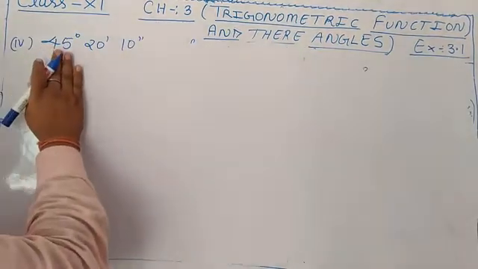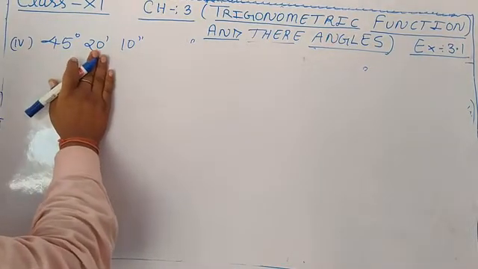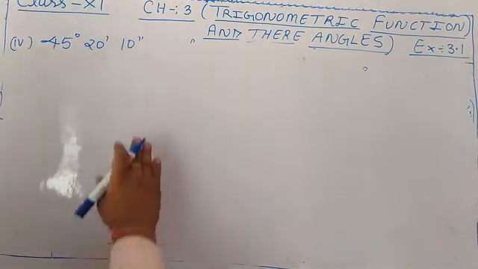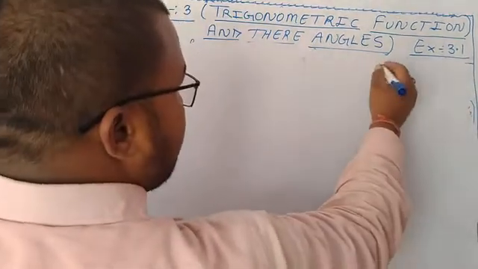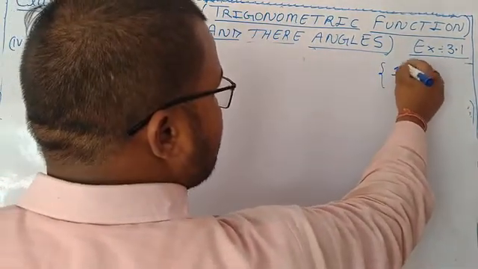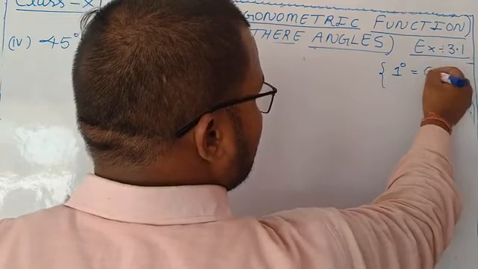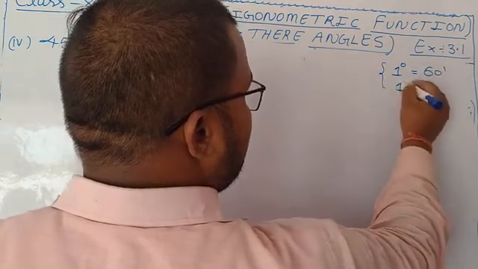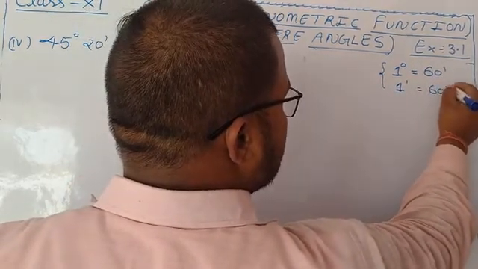Question number 4. 45 degree 20 minute 10 second. So very important, student. We know that 1 degree is also equal to 60 minute. 1 minute is also equal to 60 second.